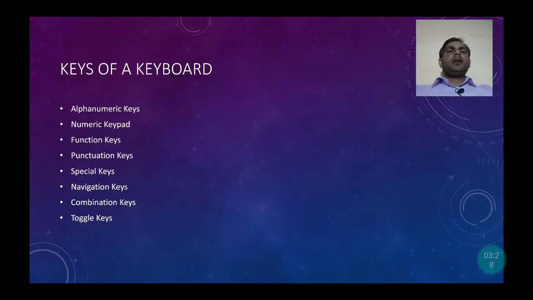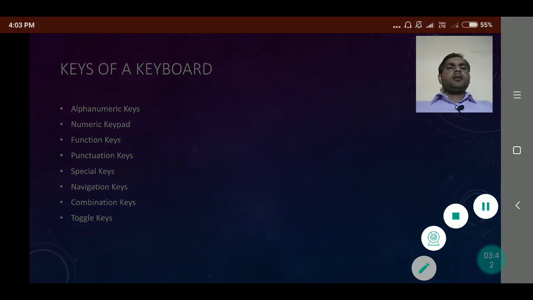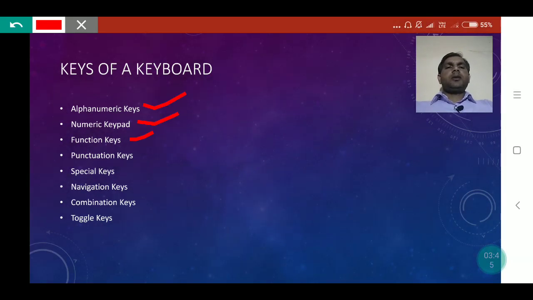Next, let's talk about the different kinds of keys on a keyboard. Generally we can categorize the keys into alphanumeric keys, numeric keys, function keys, punctuation keys, special keys, navigation keys, combination keys and toggle keys. Let's discuss each in detail on the keyboard.